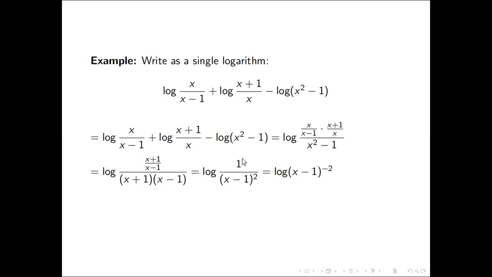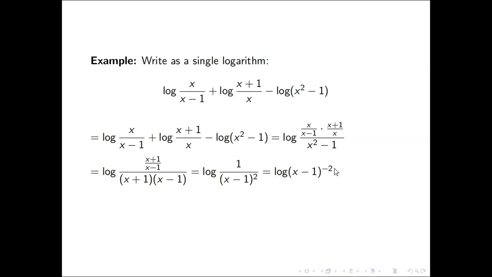Now, this one can also be rewritten as logarithm of x minus 1 to the negative 2. This is simply a law of exponents where you have the negative as a reciprocal. Remember, a to the negative n equals 1 over a to the n.